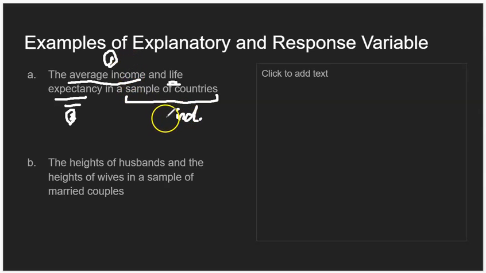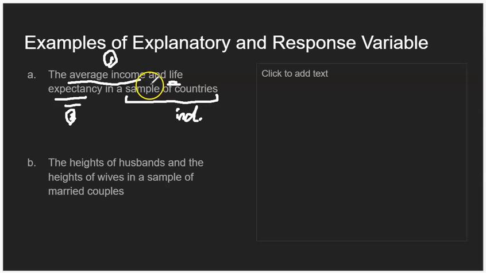So out of the two of those, which one would I pick to be explanatory or response? Well, I guess you could say typically that if you make more money, you probably can afford better health care. Or maybe you pay more taxes. So maybe you don't have a longer life if you do that. But typically, your life expectancy is dependent on, at least in part, how much money you make.